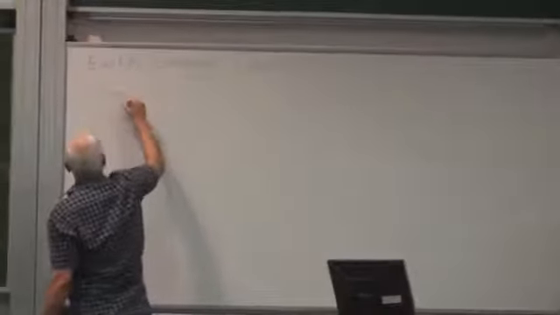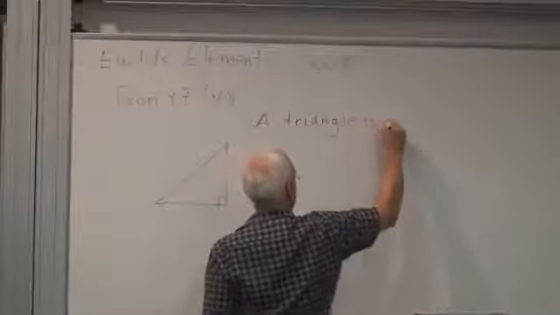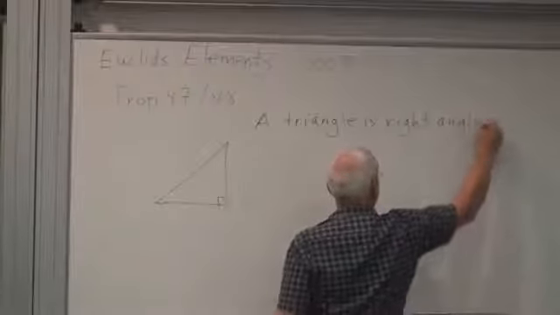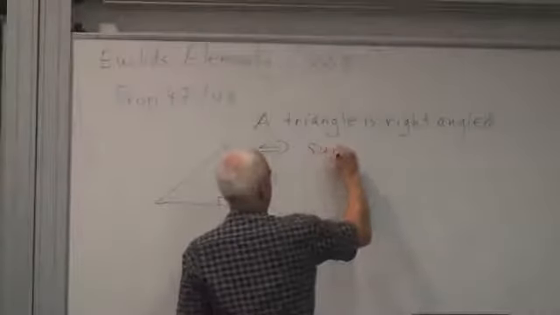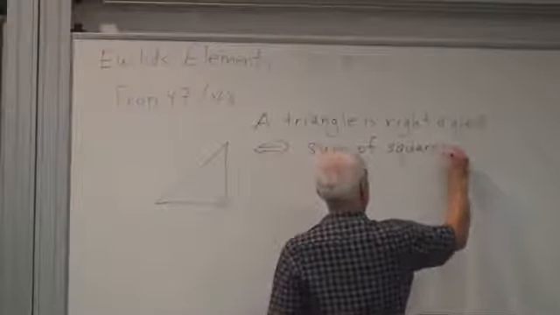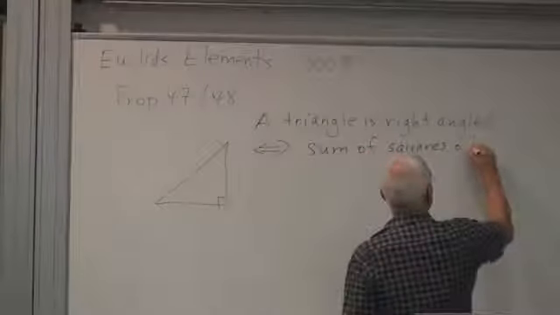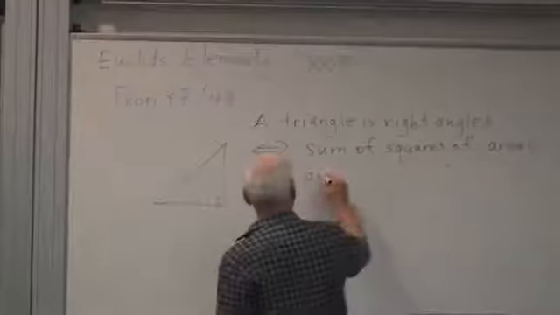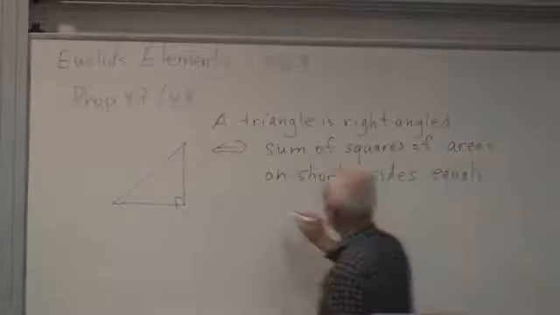So proposition 47 and proposition 48 both deal with Pythagoras' theorem, and they say that a triangle is right-angled precisely when the sum of the squares on the shorter sides equals the square.